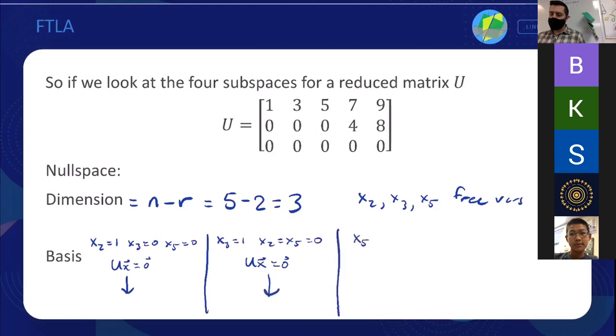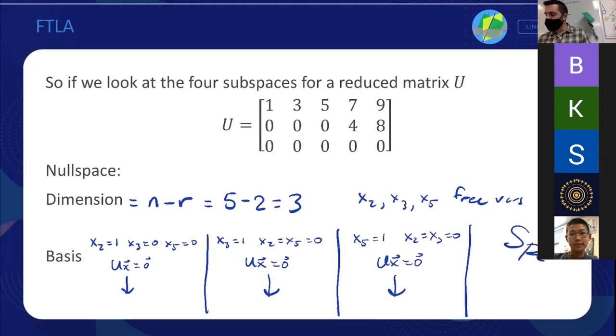Set x5 equal to 1, x2 and x3 equal to 0. Solve Ux equals 0, get a vector. And those will be your 3. Those same ones we did that were the special solutions that were a part of our complete solution. Those 3 in this case would be the basis vectors for your null space.